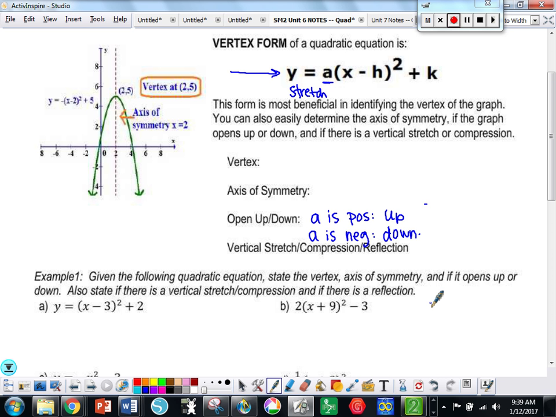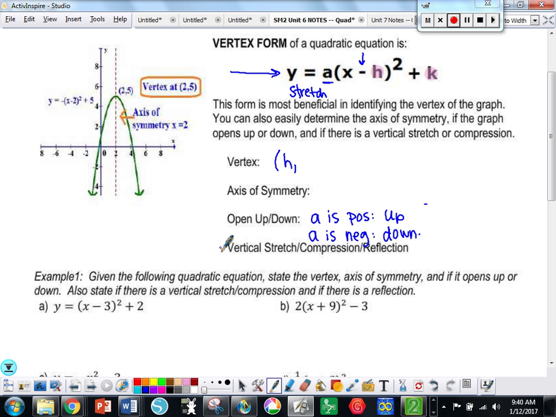The biggest thing that is different is the vertex. So the vertex can be found from this and this. Now remember when we were doing intercept form, how we had that x minus p and the x minus q, and then we had to take the opposite of what was in here to find the actual intercept? It's flip the sign. The same is true with this. Because of the negative right here, it flips the sign of the vertex.